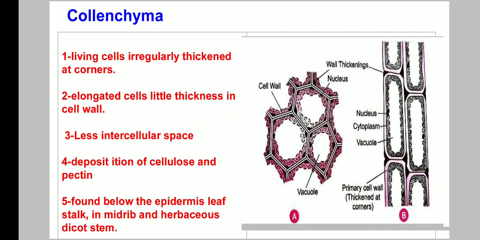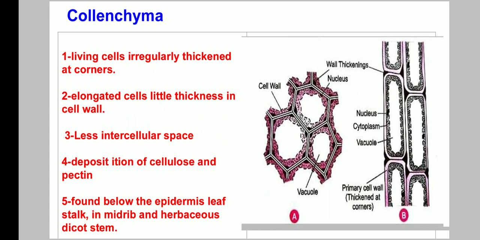But one specific feature helps to identify collenchyma: the thickening of the material at the corners. So if you find any cells which have thickening at the corners, those are collenchymatous cells, the cells of collenchyma tissue.